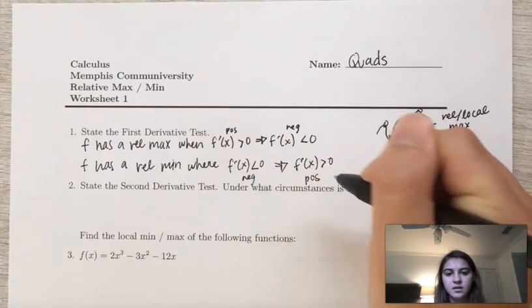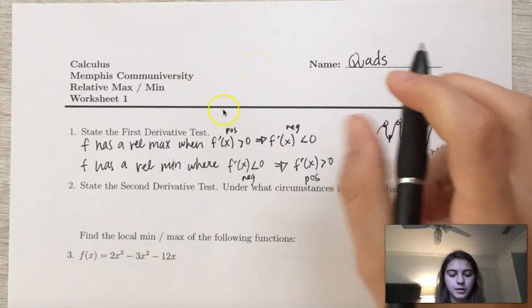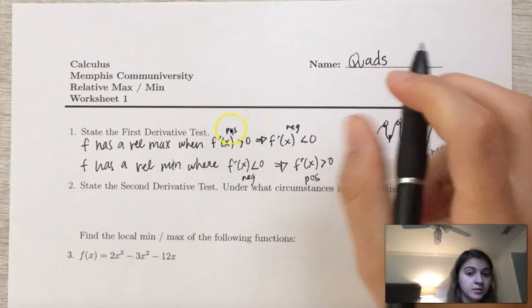So here we have the rule written out in words. f has a relative max when f prime goes from positive to negative, and f has a relative min when f prime goes from negative to positive. Basically, I'm going to draw it here.